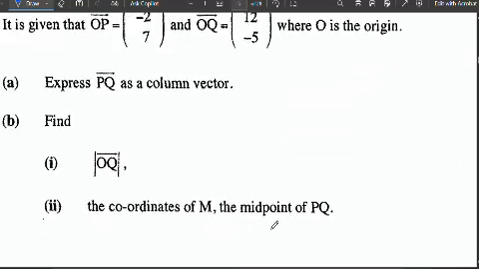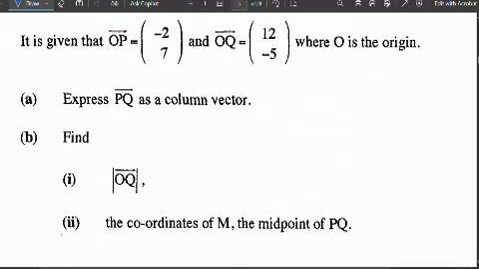Then our next question, it's a vector one. OP is (-2, 7) and OQ is (12, -5), where O is the origin. Express PQ as a column vector. I told you guys, if O is the origin, you simply say PQ is OQ minus OP.